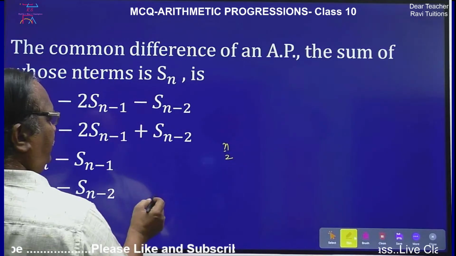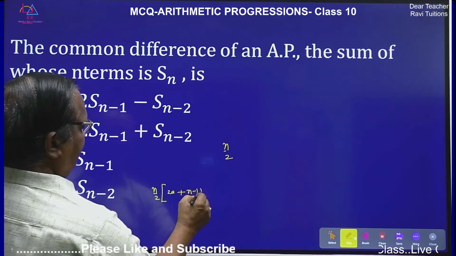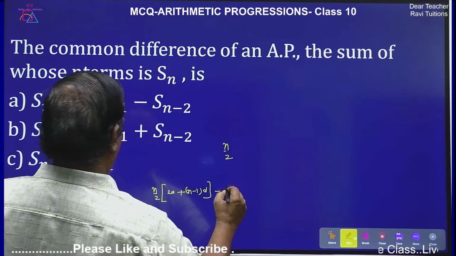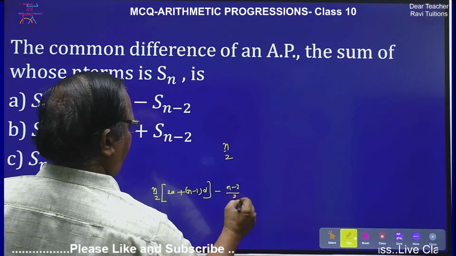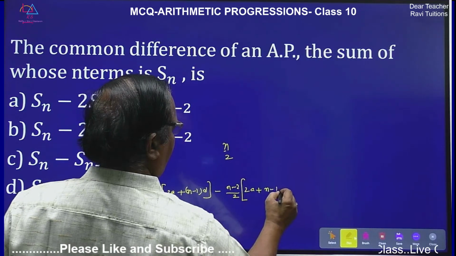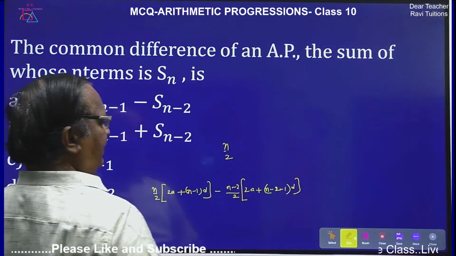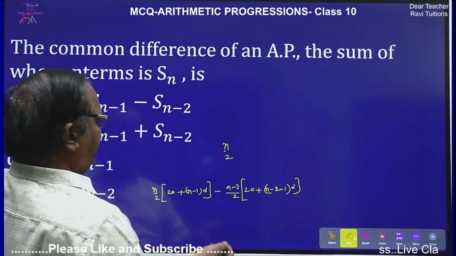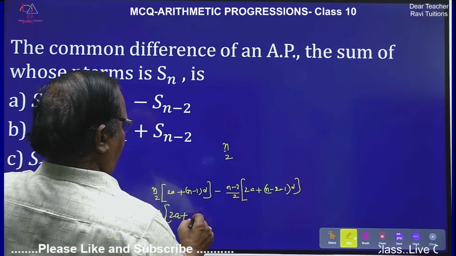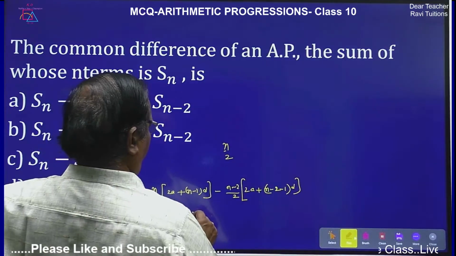Let us start from down. This is n by 2 into 2a plus n minus 1 into D. This is n minus 2 by 2 into 2a plus n minus 2 minus 1 into D. So finally everything should cancel.